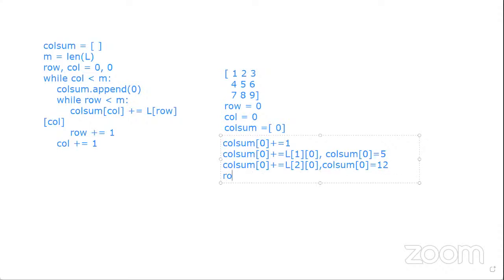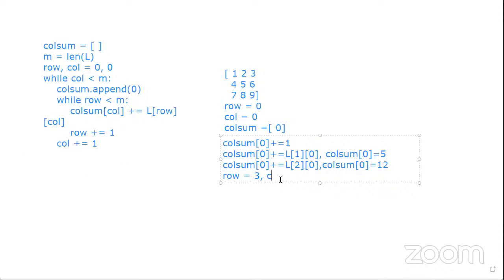Now row equals what? Row equals 3. So since row equals 3, it will come out of the while loop. Now we will increment column to 1.